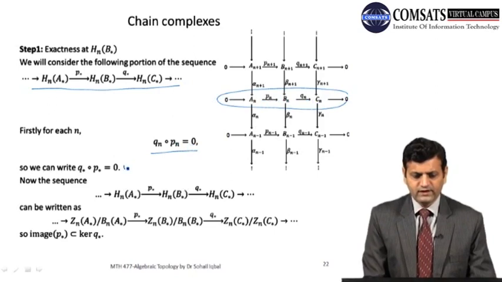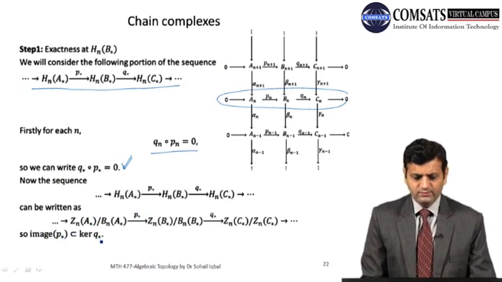In general we can write Q star composition P star is 0, because this holds for each and every n. Now the sequence can be written in the following form, and we also know that the image of P star is contained in the kernel of Q star.